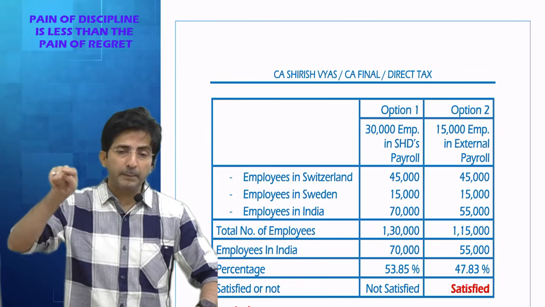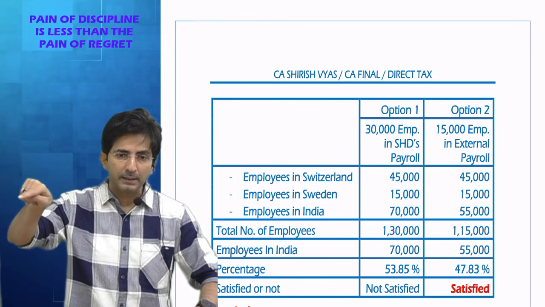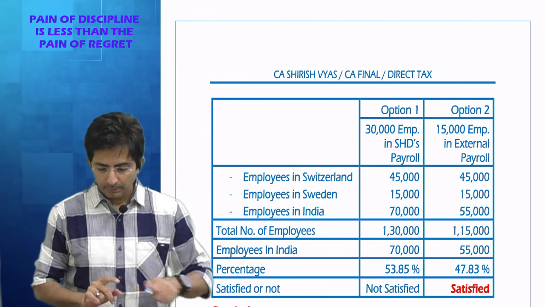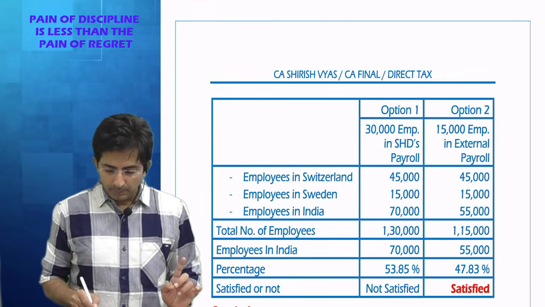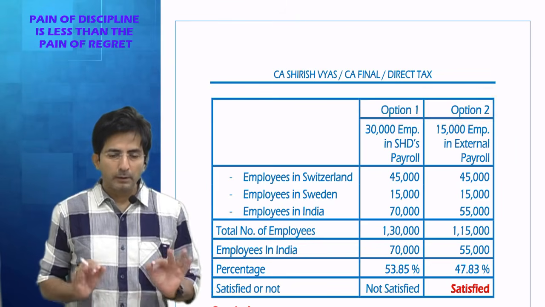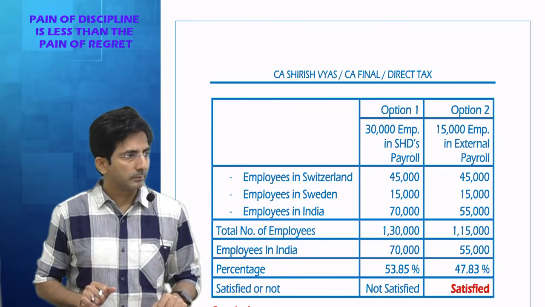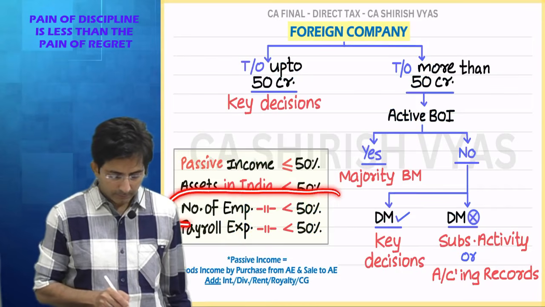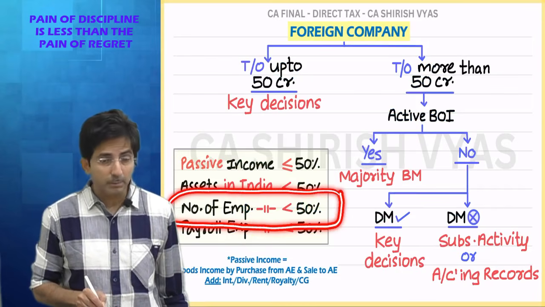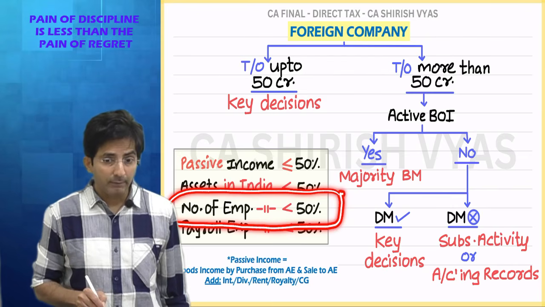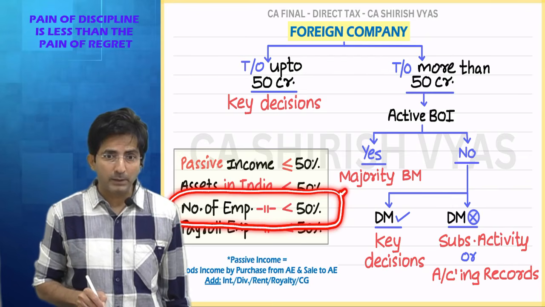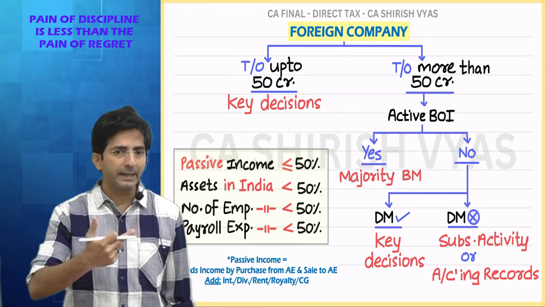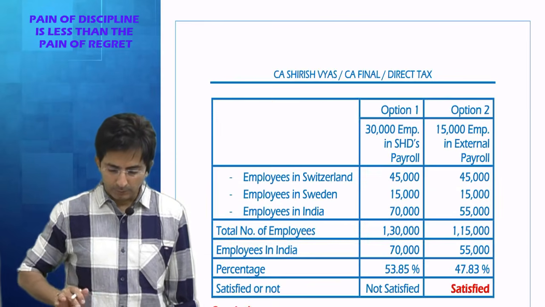Because after all, these employees of the external agency are doing the work for our company only. So see, under both options, the number of employees will change. And tell me, once the number of employees changes, look, this condition will get disturbed. And in our question, all the extra employees will be recruited in India only, because that extra work we are getting in India.